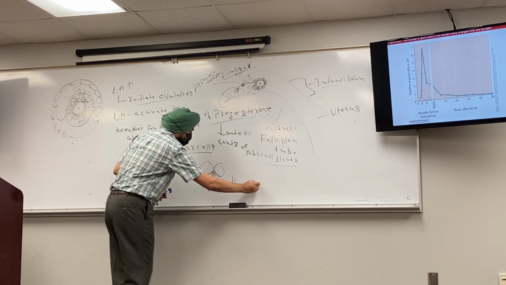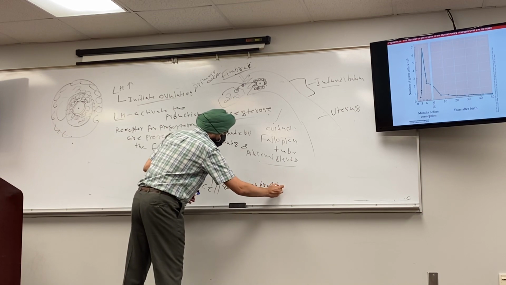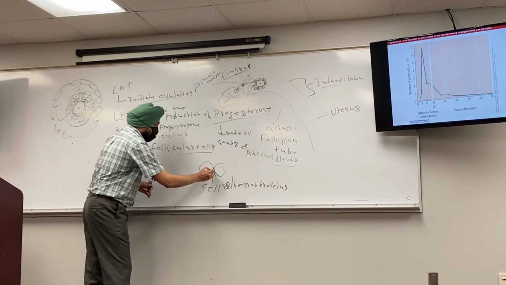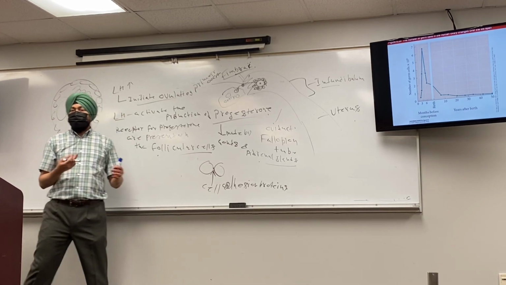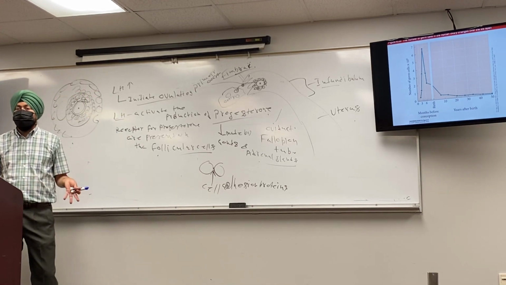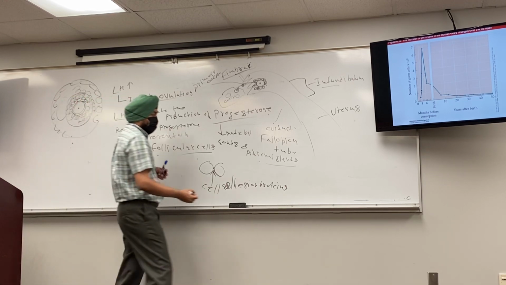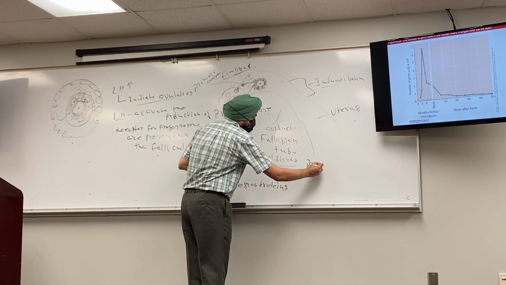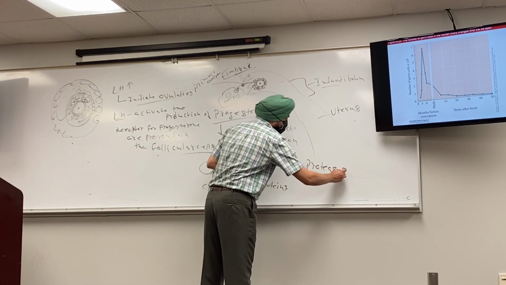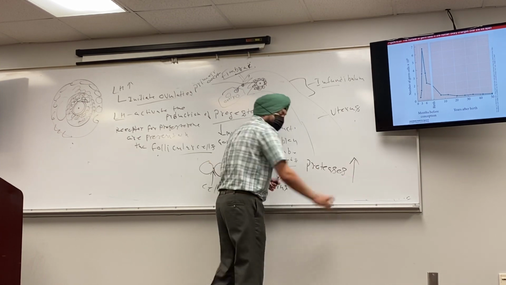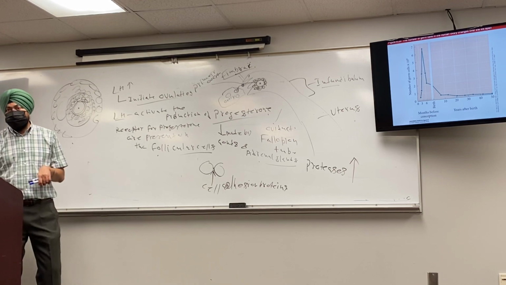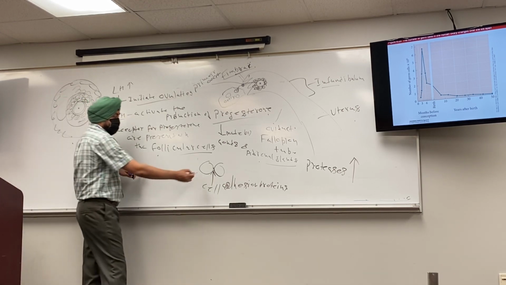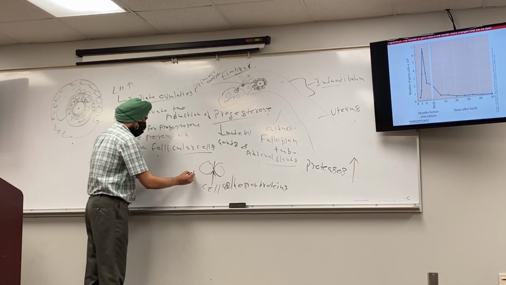These proteins should be removed by enzymes called proteases. So proteases level should go up. You make more proteases in these cells, and those proteases can remove these cell adhesion proteins, so the cells can separate from each other.